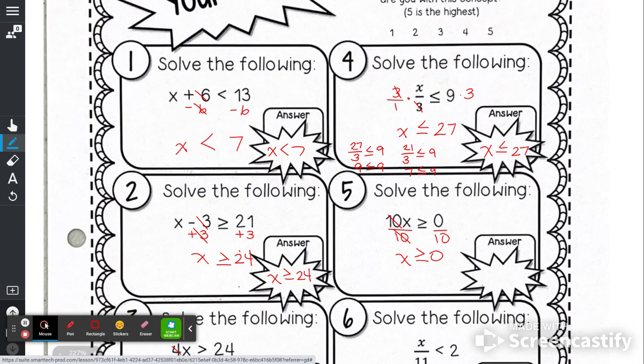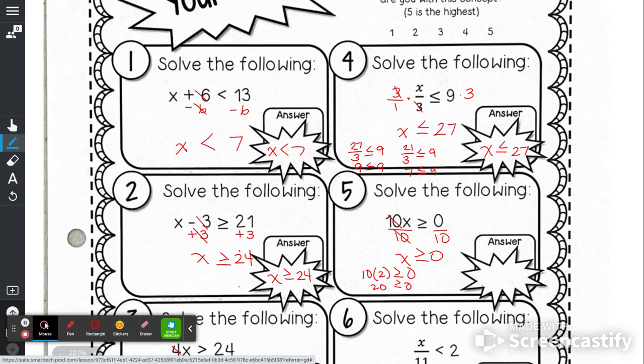Okay, so what is a number greater than 0? 0.1. Absolutely. Okay? Or 2. Let's do 2. 10 times 2 is 20, and that is indeed greater than 0.